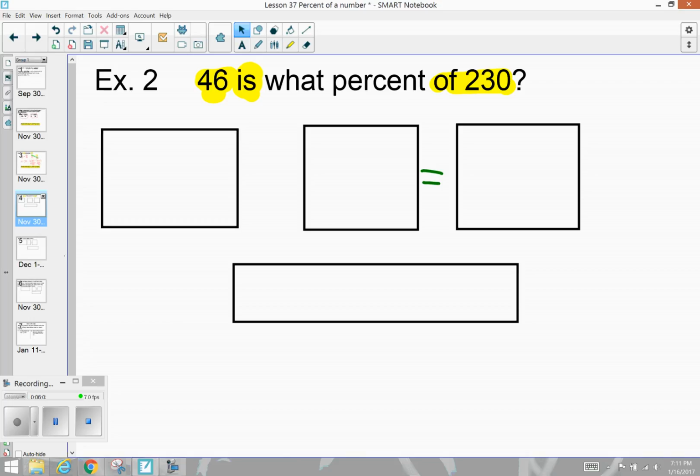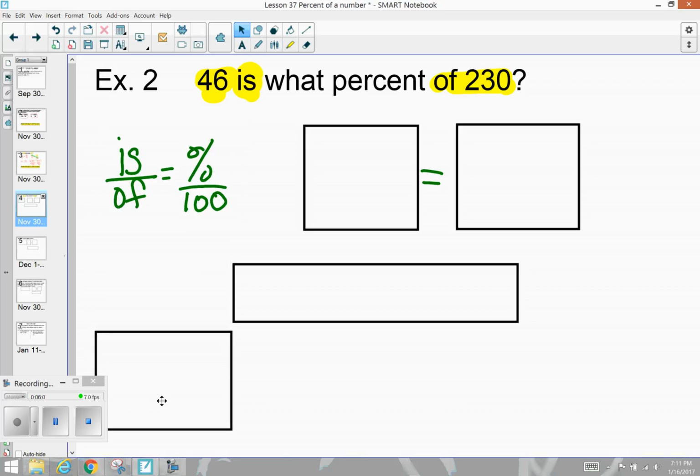That's right. Here we go. We're going to say is over of equals percent out of 100. All right, so what is our is over of? Well, for the is, what number? We don't know, so that's going to be our n. And do we know what the of is? Yep, you're right.